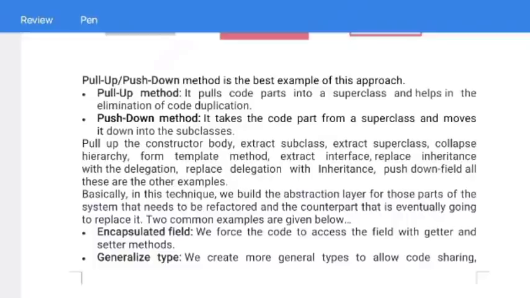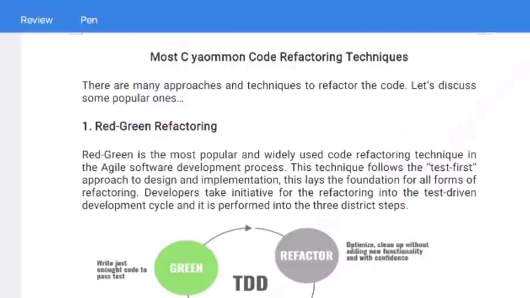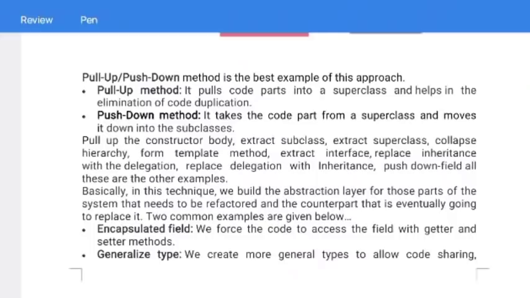All these are other examples. Basically, in this technique we build a layer for those parts of the system that need to be refactored and the constructed part that is initially going to replace it. Common examples are given below.